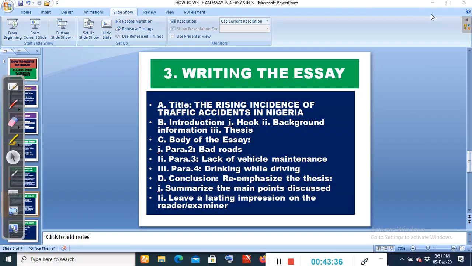We have been able to go through the steps for writing an essay, and once we are through with this, the next thing we ought to do is simply let me go through this.